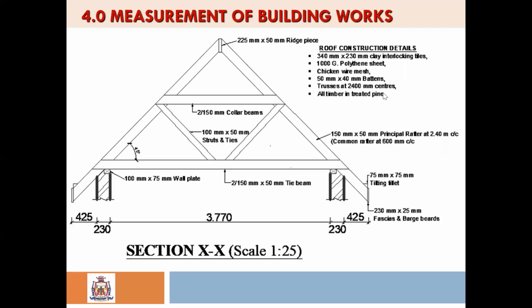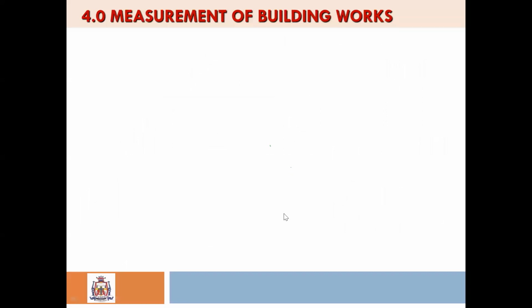So where you find very small members, you may have to scale off the drawing. So that said, now we may have to get into calculations straight away. But for today, I said I'll do the calculations next week.